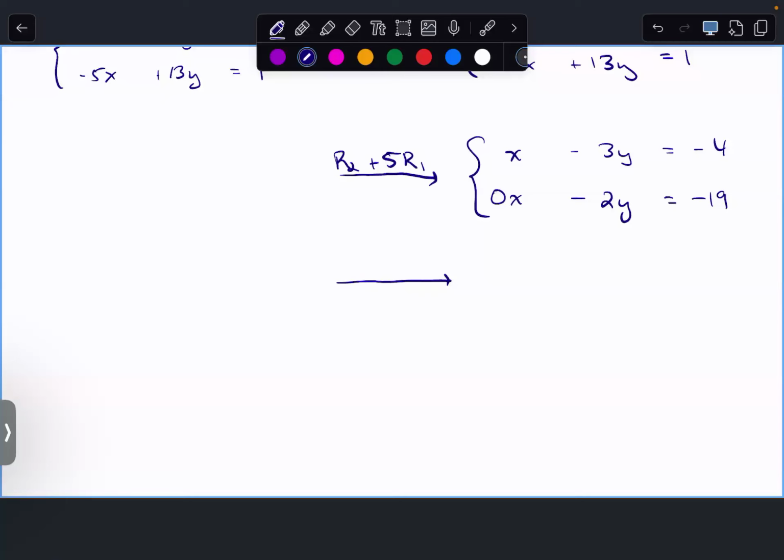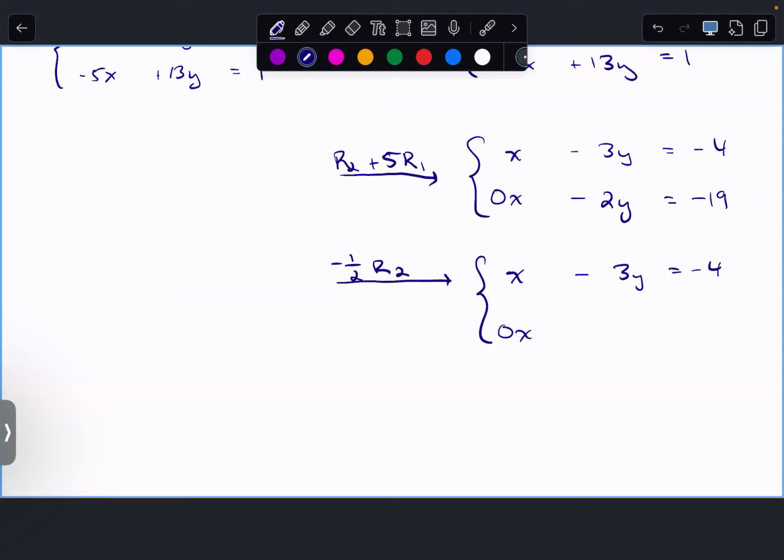Because division is just multiplication. And I'm going to do it to R2. Row 1 stays the same. X minus 3y is equal to -4. 0 times -1/2 is still 0. So that's nice. And one of the main things that you want to keep track of is once you have a 0, you don't want to let it go, right?